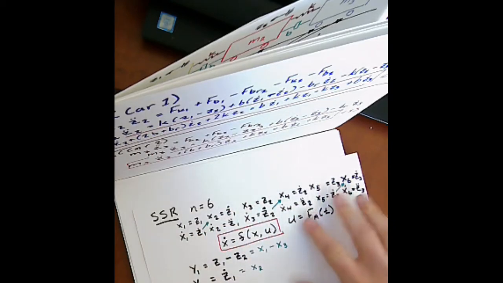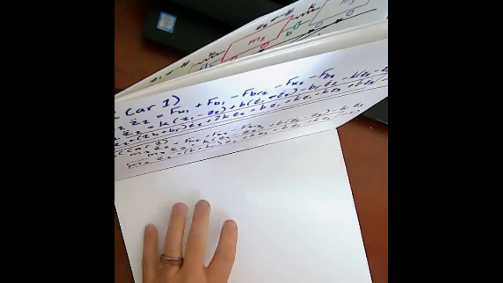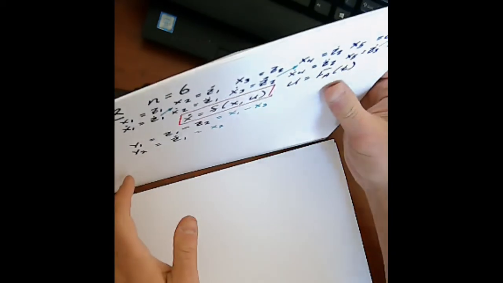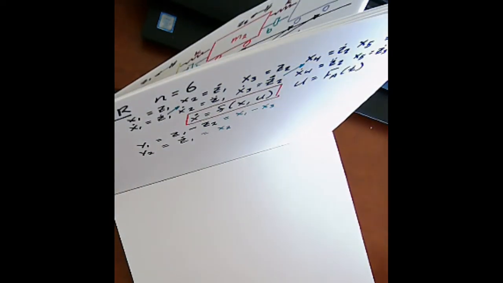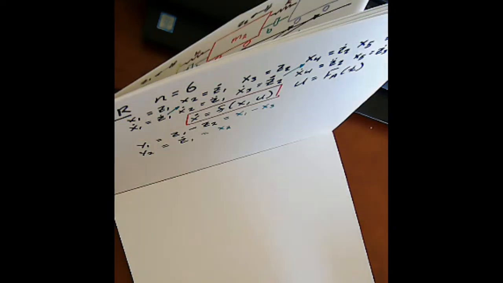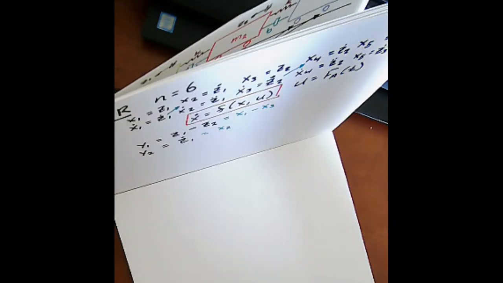So what do we do with this now that we have our equations? We're going to solve our equations for the highest order differential that we have. And we want one equation for each of our variables: one for x dot 1, one for x dot 2, x dot 3, x dot 4, all the way down to x dot 6. So let's start here.